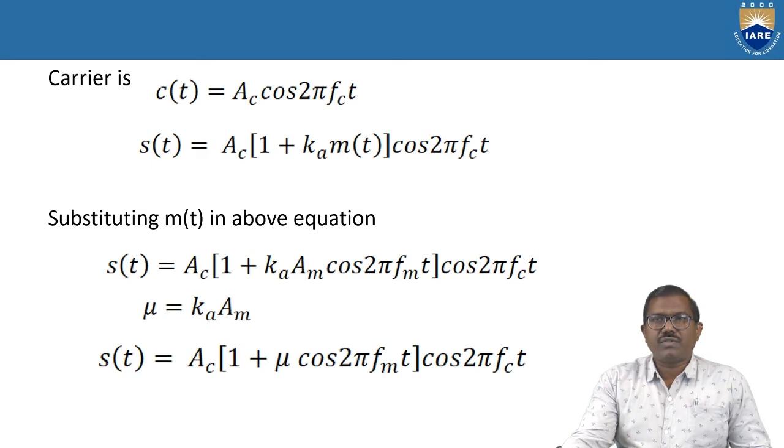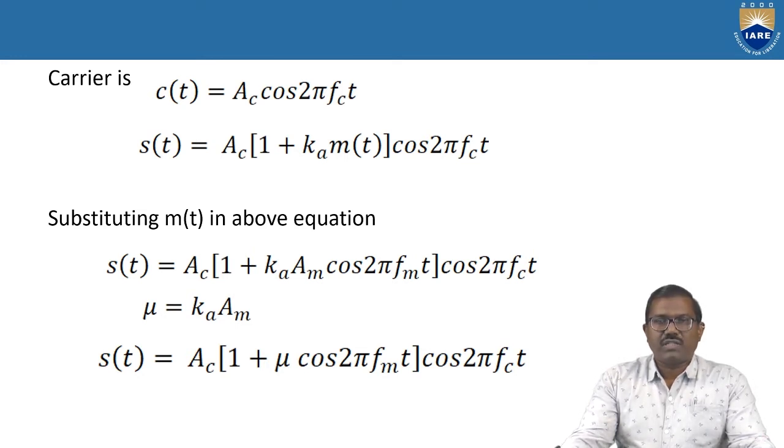Now we are going to substitute m of t in the above equation. That m of t is nothing but Am cos 2 pi fm t. So substituting m of t in s of t, which is equal to Ac of 1 plus ka m of t into cos 2 pi fct.